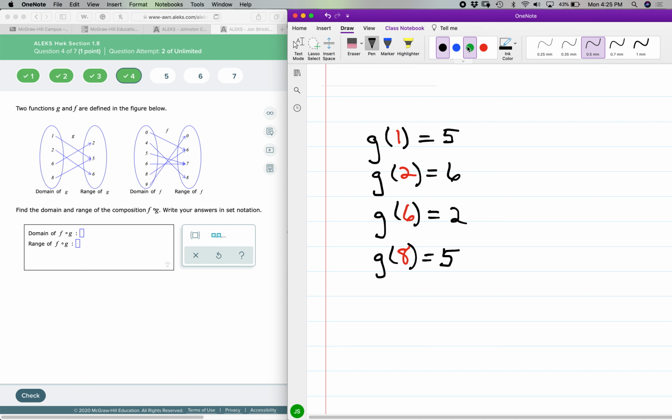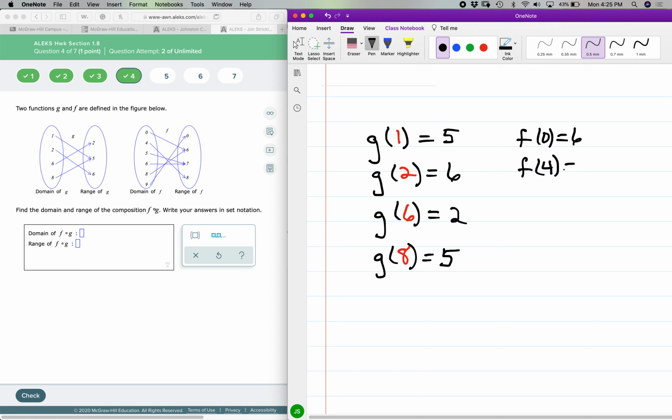And for F, let me mention, in case you have the domain of F composed with G, some of these values I have in red, 1, 2, 6, and 8, will be in the domain. Now, in terms of F, F of 0 is equal to 6.